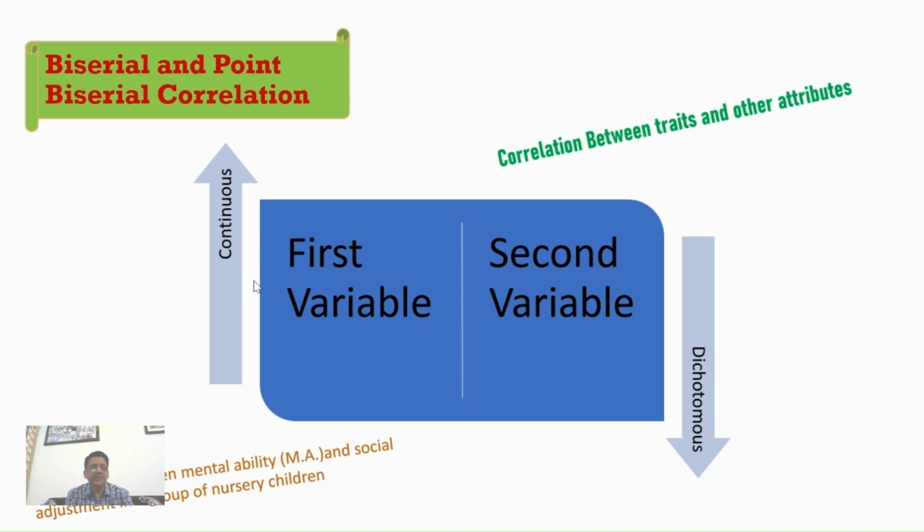In such a case, the Pearson method is not appropriate, and the biserial and point biserial methods may be used. Later we will discuss when the biserial method should be used and in which case point biserial correlation is an appropriate method for measuring the strength of association between these two variables.